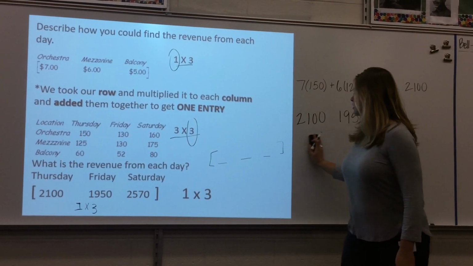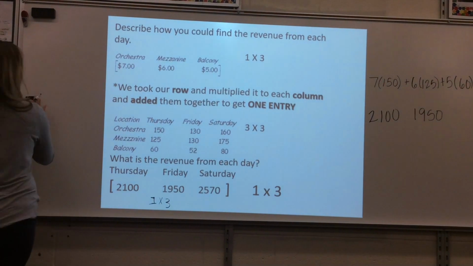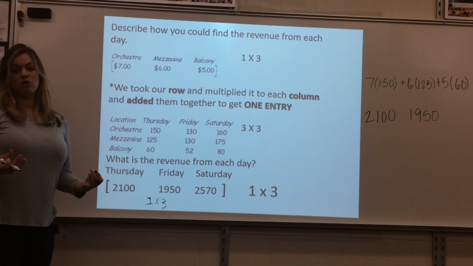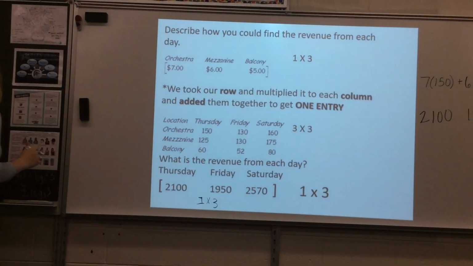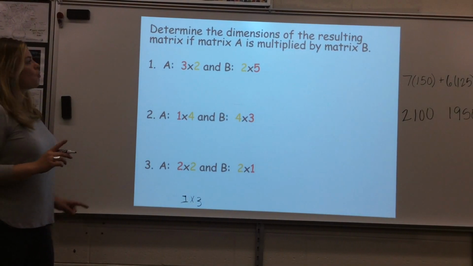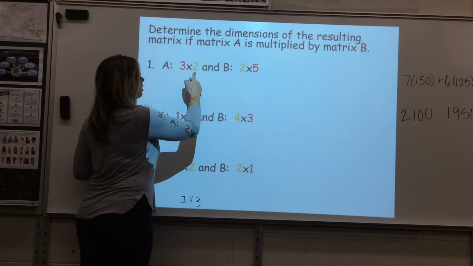Okay? Let's see if the next few matrices are able to be multiplied together, and if so, what are the dimensions? So, we notice that it's rows by columns.